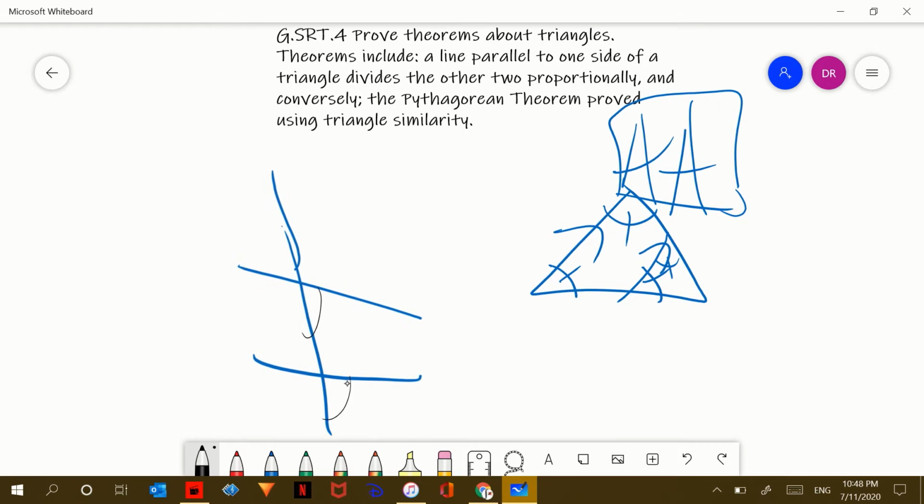So I just flipped it around, so it would be this and that, these two. And if you just flip it, it would be like that. Again, you have these two parallel lines, and then you can see that these two are congruent.